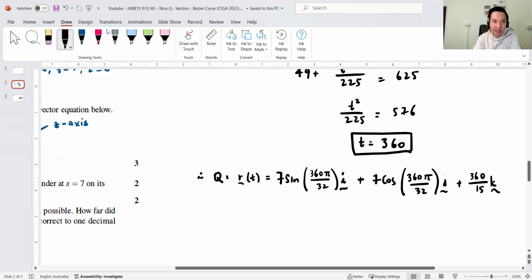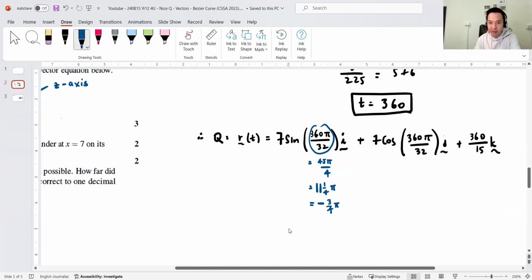Let's see if I can get some exact value. So we know that this guy here is equal to 45 pi on 4, which is like 11 and 1/4 pi. I'm going to minus multiples of 2 pi, and I think you get negative 3 on 4 pi, which is really good, right?